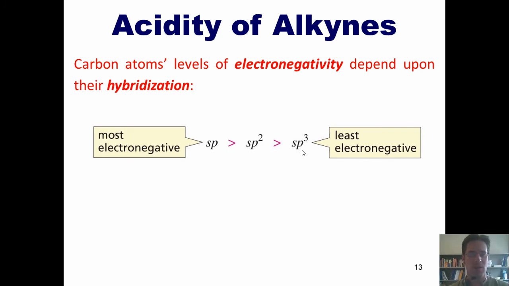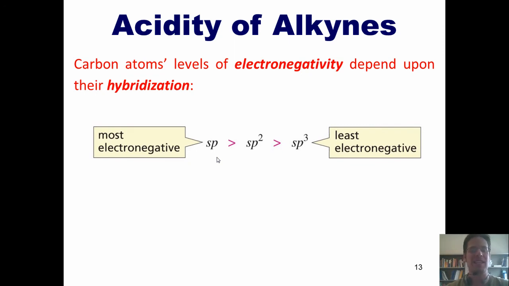Well, as it turns out, s orbitals are closer to the nucleus of the atom and are hence closer to the protons found in that nucleus. Hence, if you have an orbital that's sp, in other words, it's made 50% of an s orbital and 50% of a p orbital, it has more s character, which means that it is closer to the nucleus of the carbon atom and closer to the protons. What in the world does that mean?